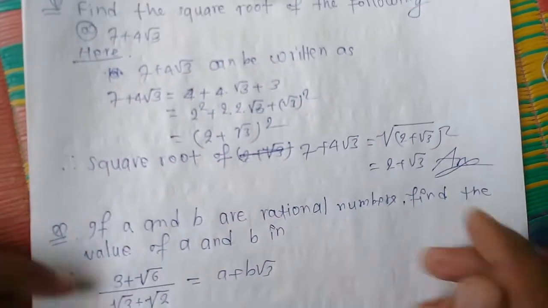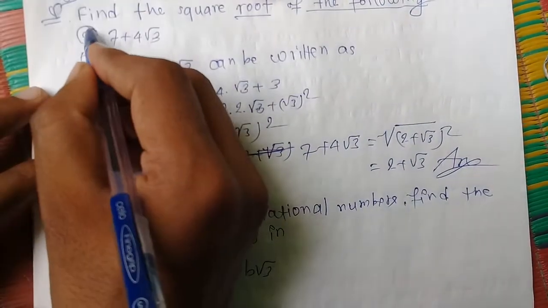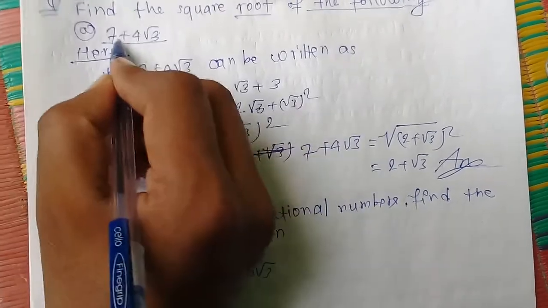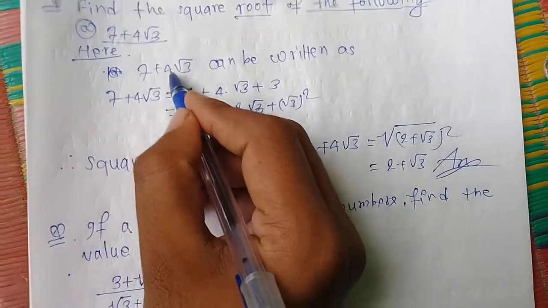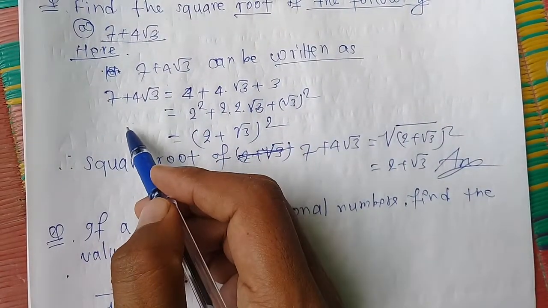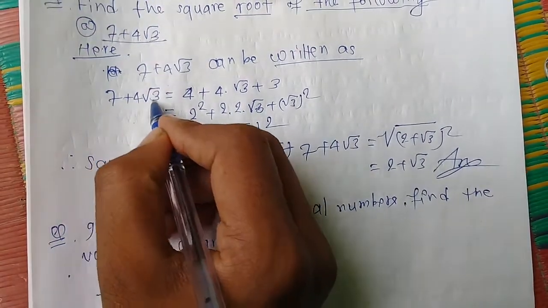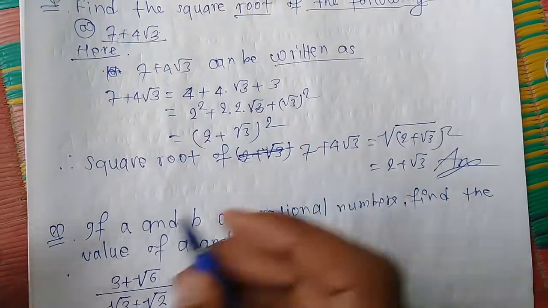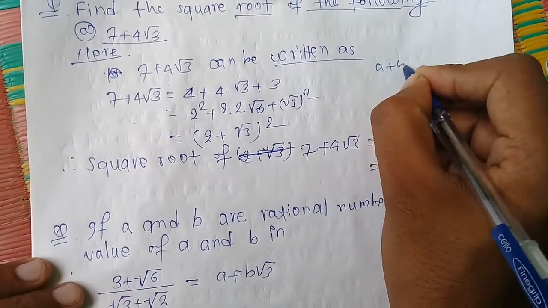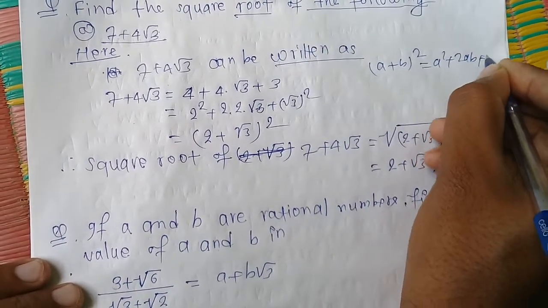Now find the square root of the following: root of 7 plus 4 root 3. So here 7 plus 4 root 3 can be written in the form of a plus b whole squared, a square plus 2ab plus b square.